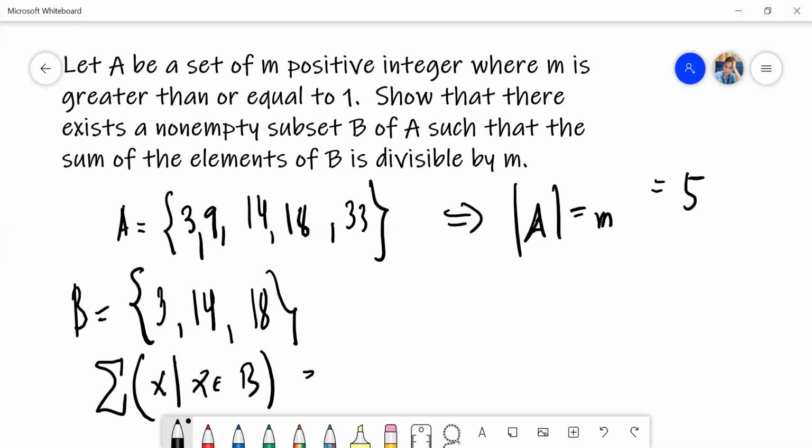Let's add them up. This is 35. Of course, 35 is divisible by 5. So therefore, such B exists.